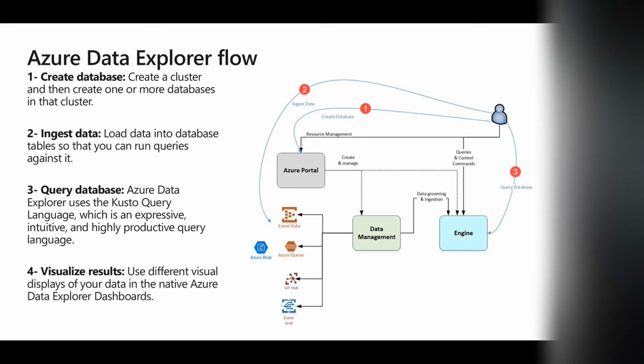So one option was to deploy it inside a VNET, the VNET injected model. And that model was adopted, but at the same time, it required a lot of ports to open because the management traffic of Data Explorer was going over the customer network.